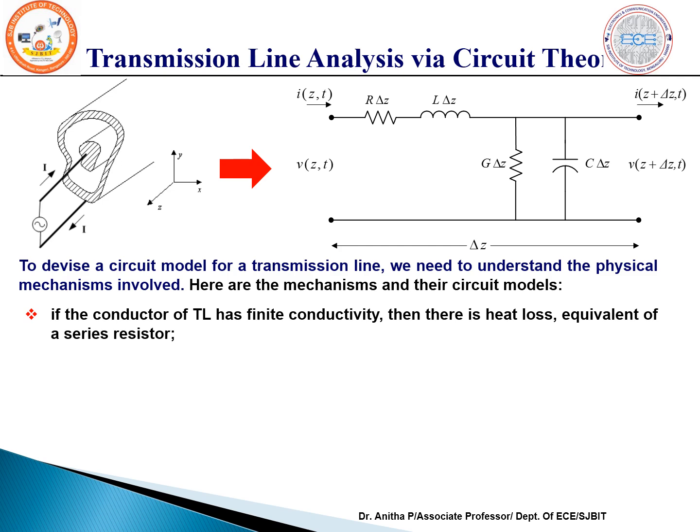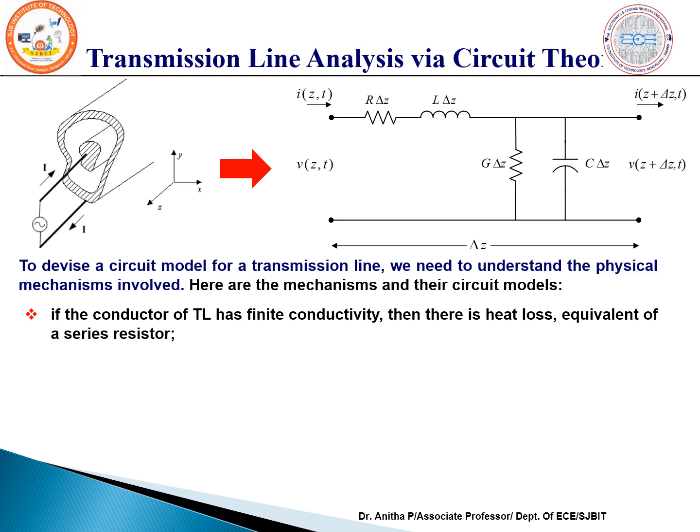So when we consider 2 wires, 2 conductors separated by a dielectric, it will be considered as an equivalent circuit having a capacitor. We know the capacitor is nothing but 2 parallel plates, 2 conductors separated by a dielectric. So you can consider the 2 conducting wires running in parallel as a capacitance.